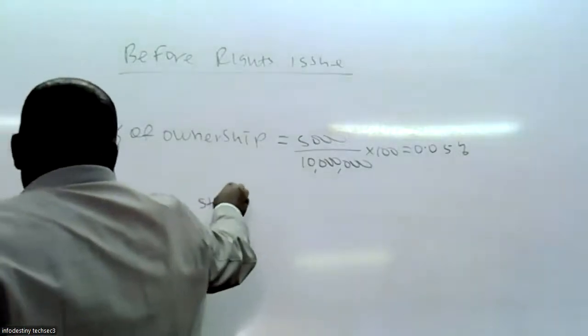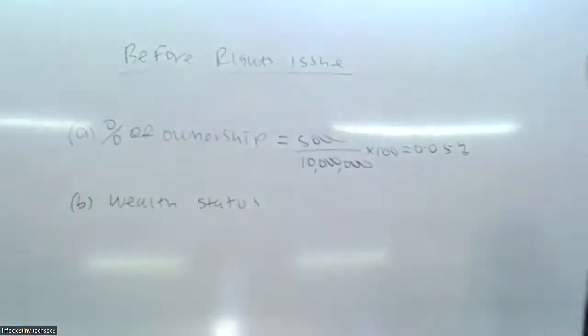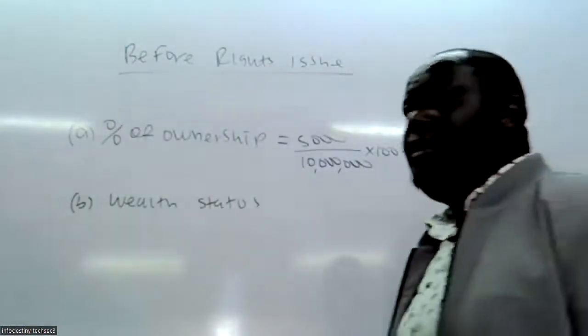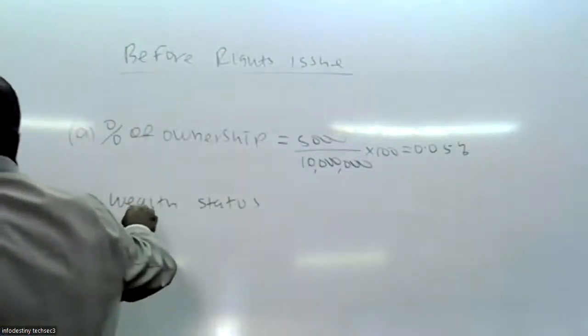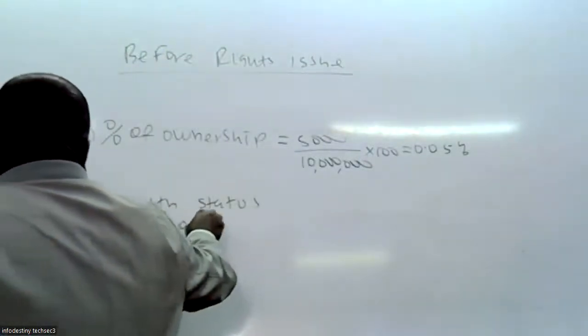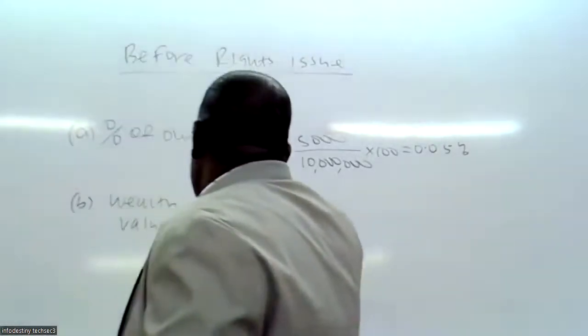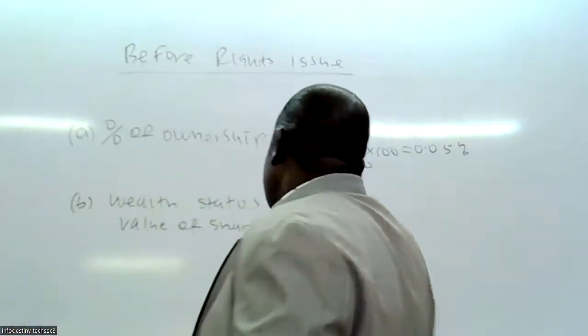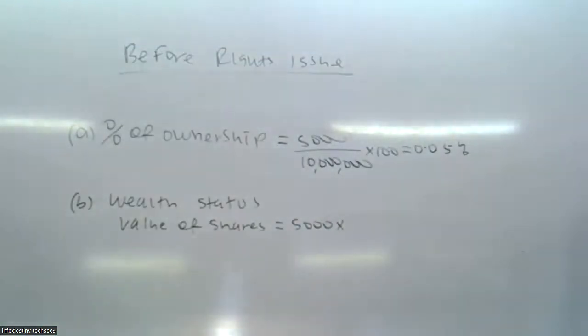Apart from that, we also want to know the wealth status. So for the wealth status, first, we start with the value of the shares. Currently, he has 5,000 shares, and you value them at the current market price per share.